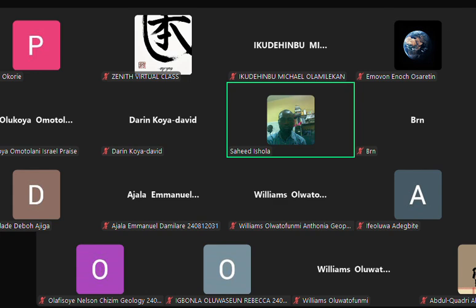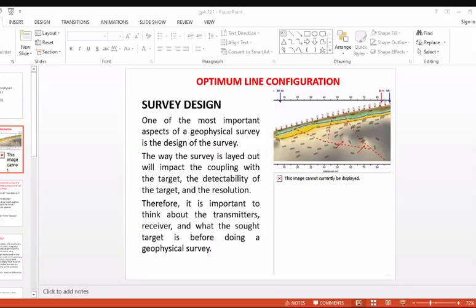When the target is 30 meters, we are going to have aliasing. That is aliasing. When the object is there, our survey tells us that it is not there because we have chosen or we have used wrong parameters.